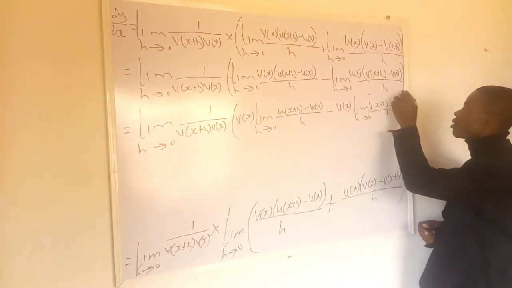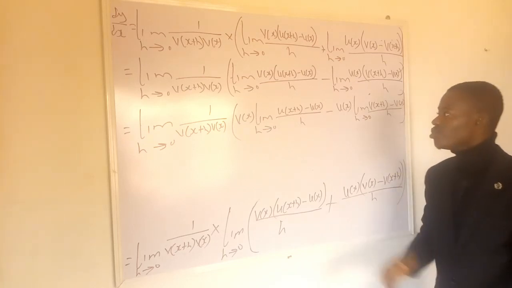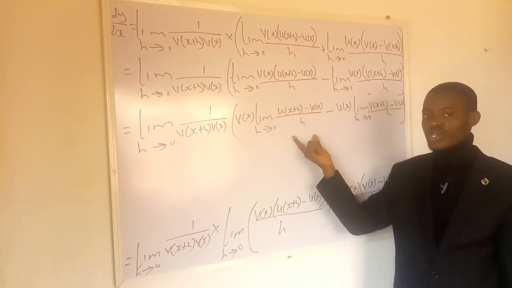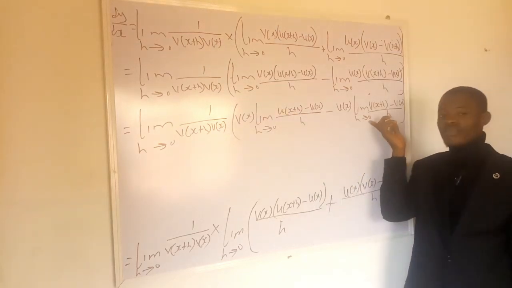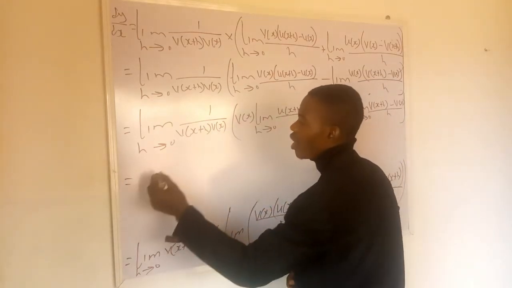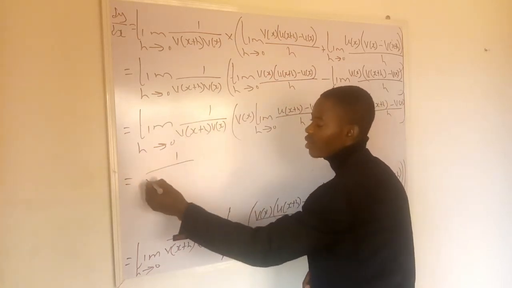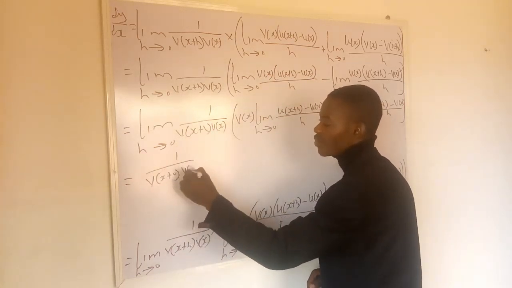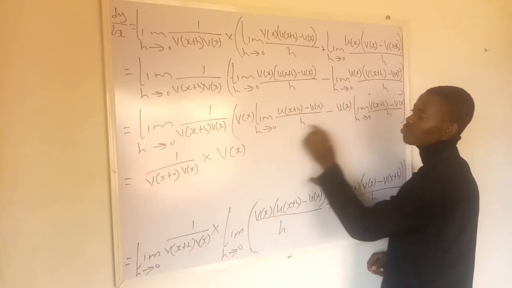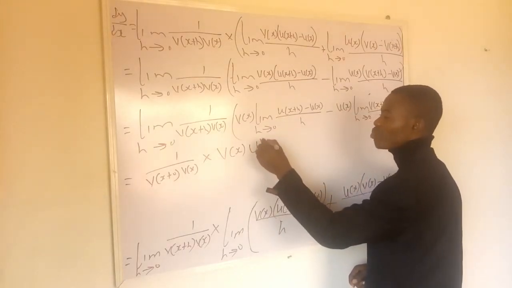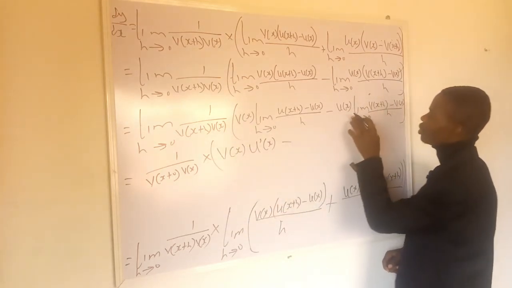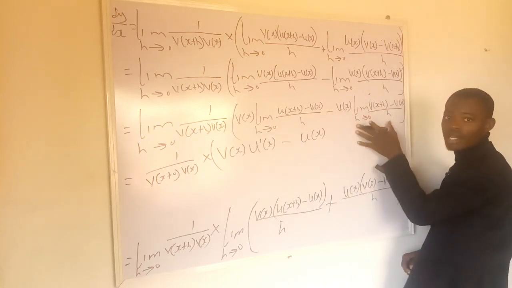Now, as you can clearly see, from first principle, this entire expression defines the derivative of u with respect to x, that's simply u prime of x. Similarly, this defines the derivative of v with respect to x. So now, as h approaches 0, we have 1 divided by, plugging in 0, v of x plus 0 times v of x, and everything multiplied by v of x times u prime of x, then minus, in bracket, u of x times, we said this entirely becomes v prime of x.